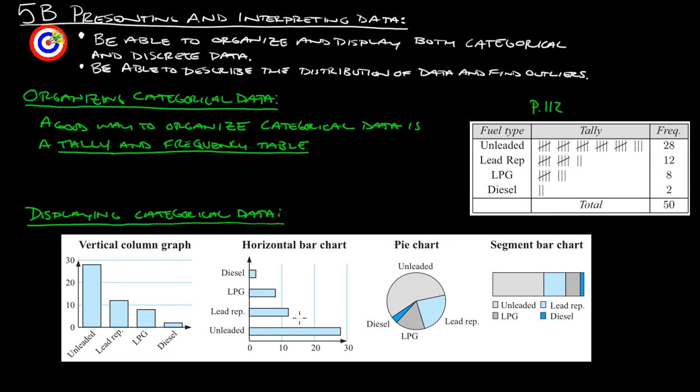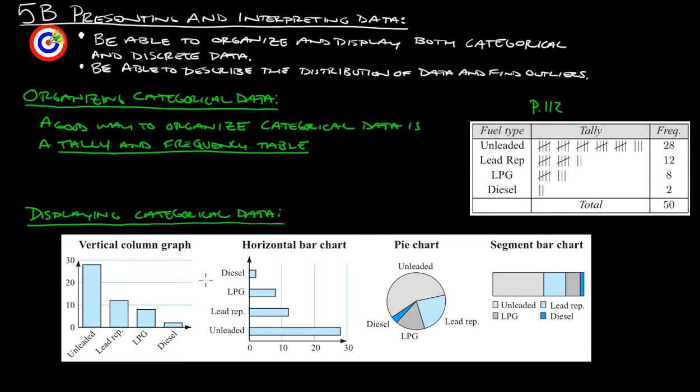Here's a horizontal bar chart, and a pie chart, where each one is broken down into percents. Of course, the percent's not actually listed there, but it's made by percent. And then a segment bar chart, which is also made by percent. I guess you could make it just by a total number too.